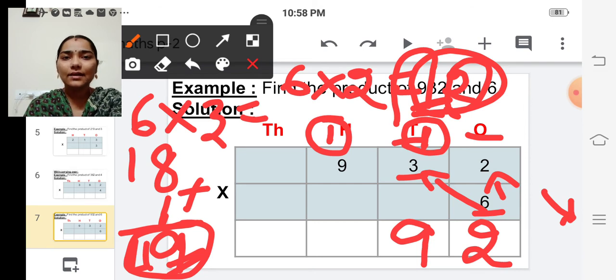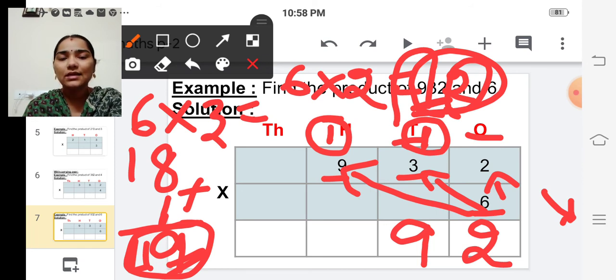So in the next step, multiply the digit in the hundreds place by 6. So we are having 9 into 6, isn't it? 9 6s are 54, isn't it? And we have carried over the number 1. So we have to add this 1.